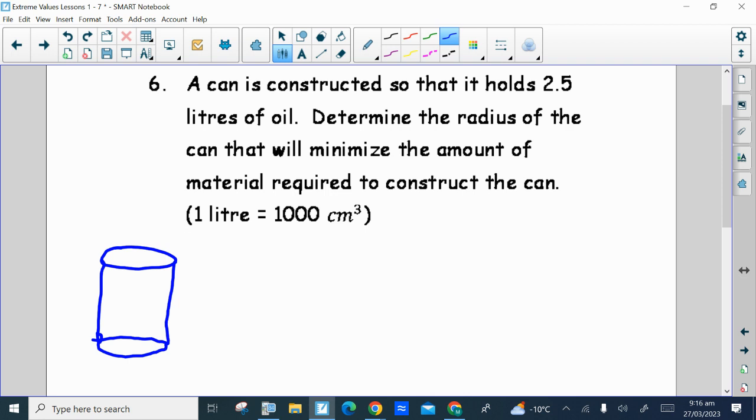So 2.5 liters would be a volume of 2,500 centimeters cubed. And the volume of a cylinder is pi r squared h.